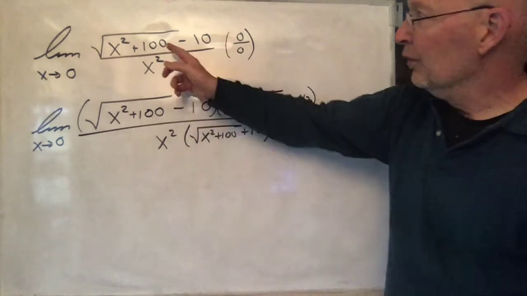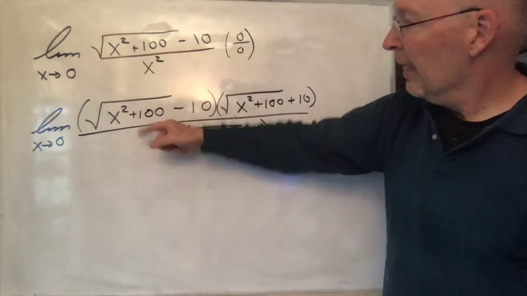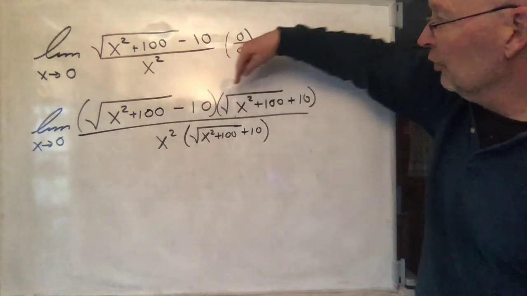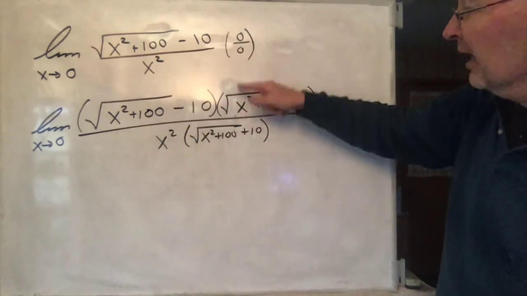The conjugate. If you have a square root like this, then notice you have a negative here. You multiply both the top and the bottom by the same thing.